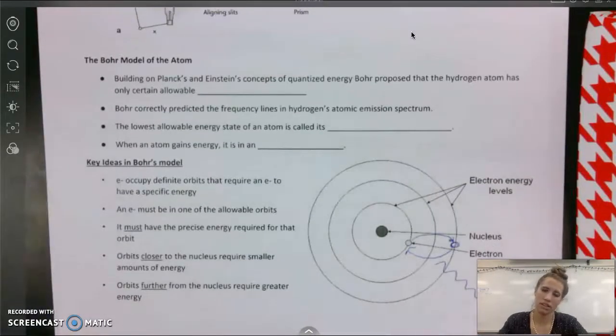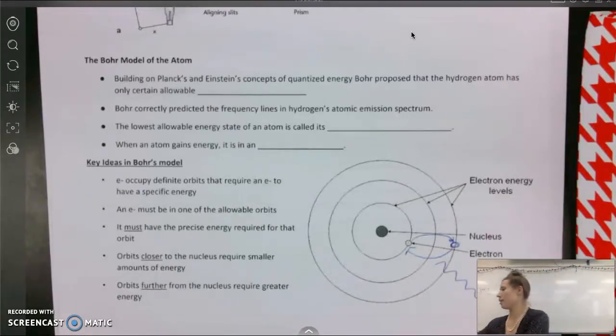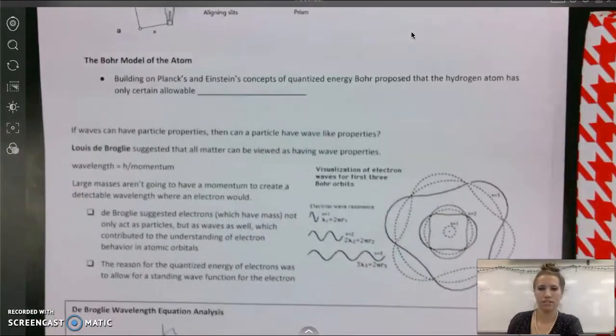They instantly jump and then instantly fall back down to lower ones. And that solves this problem of electrons falling into the nucleus because they can't exist in between those energy levels, which was supported by that wave component of electrons.